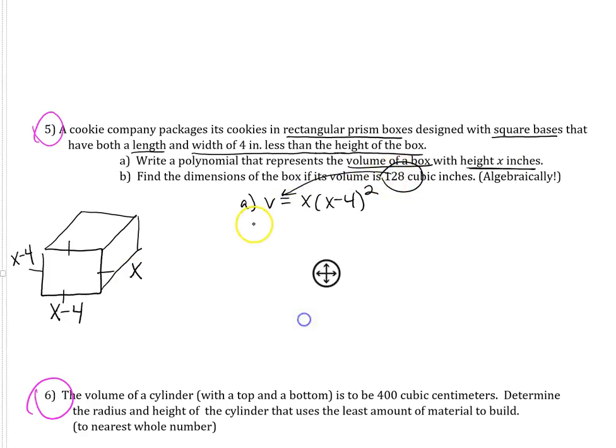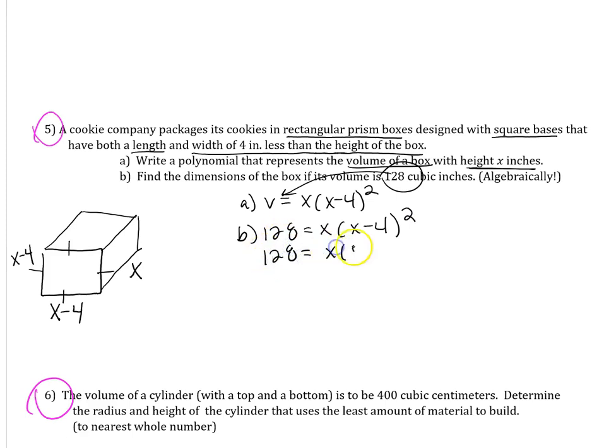Okay, so I'm plugging 128 in for V. Alright, so it wants me to algebraically solve this. So let's see. I can see 128 equals x times x squared minus 8x plus 16. That's by me foiling that out.